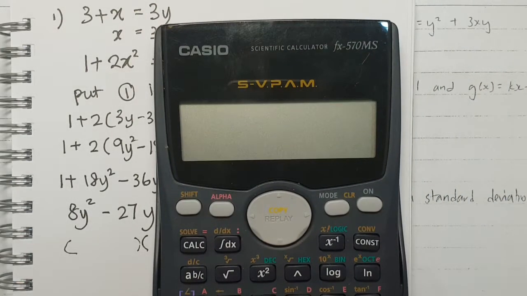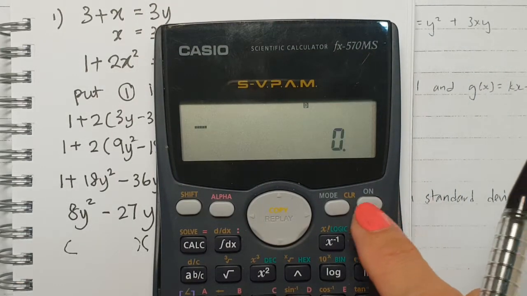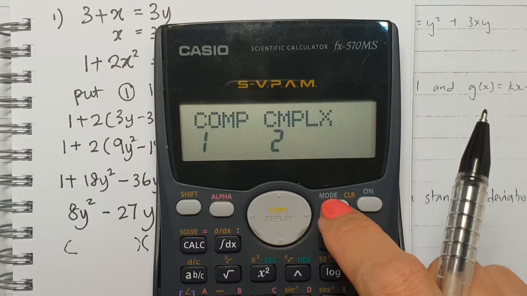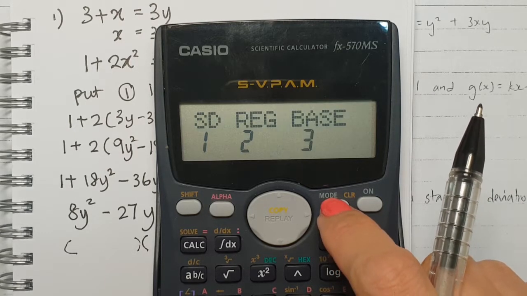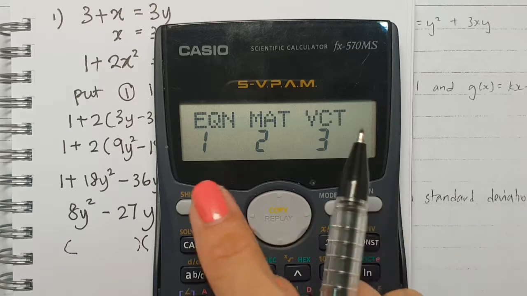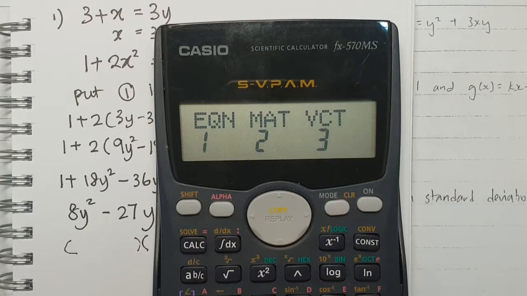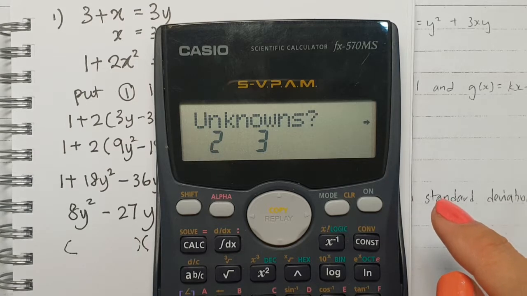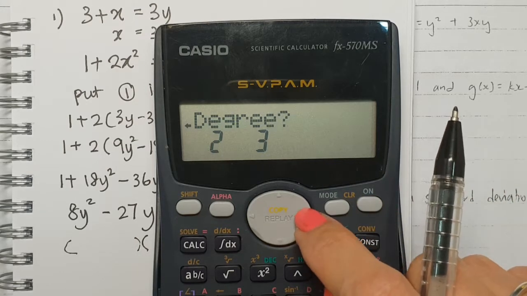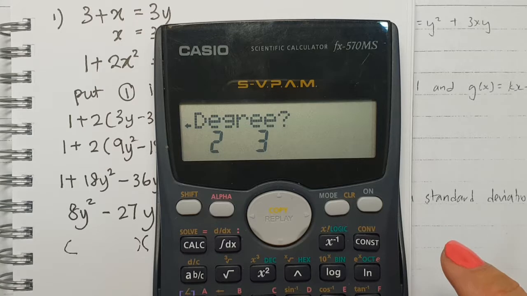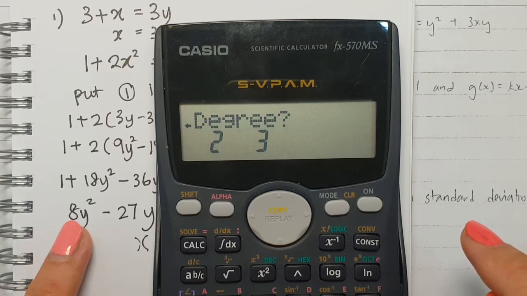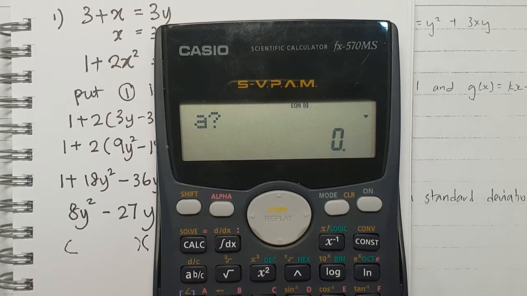Let's use the calculator. Now we have to go to mode 1, 2, 3 times, until we see the equation, so let's choose equation. And then there is only one variable, one unknown here. Therefore, we just choose for the same unknown. The highest power is 2, so the degree is 2.